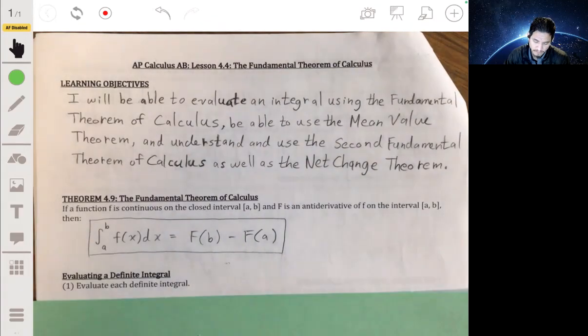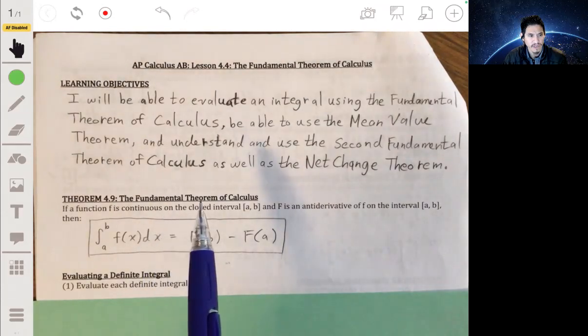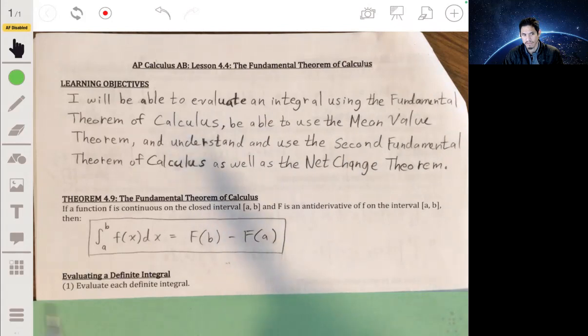So let's look at the first theorem, which is simply known as the fundamental theorem of calculus. With this name, you probably guessed it's pretty much the most important theorem of all of calculus, because it allows you to essentially evaluate a definite integral.